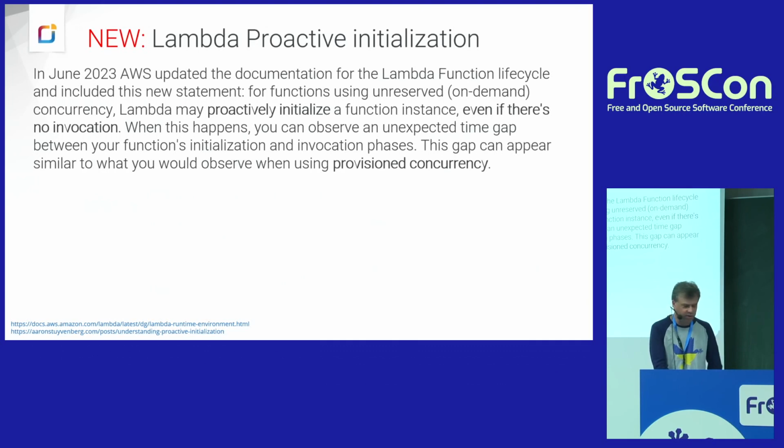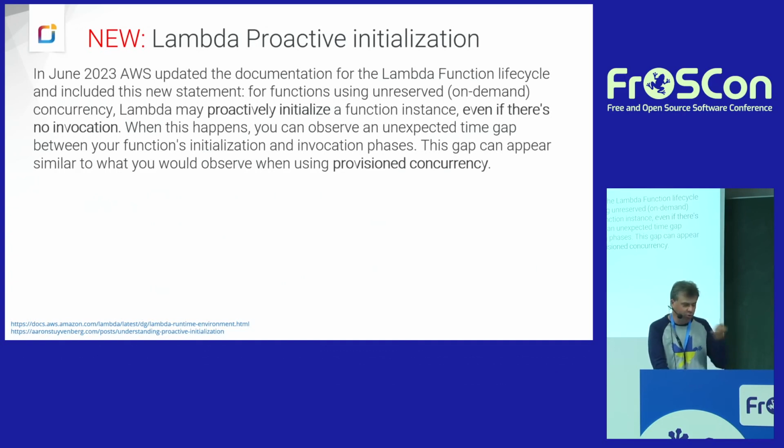It's a normal function. Normally they don't pre-initialize. By pre-initialized, they mean going through the cold start phase, but not invoking it. Why do they do this? They optimize their own resource consumption. So that's not the same, but this is kind of similar to provisioned concurrency, for which I pay, but I actively require it.